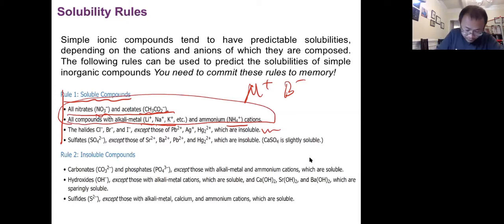If it combines with lead, silver, or mercury, they're not soluble. Otherwise, they are. Does it make sense, guys?